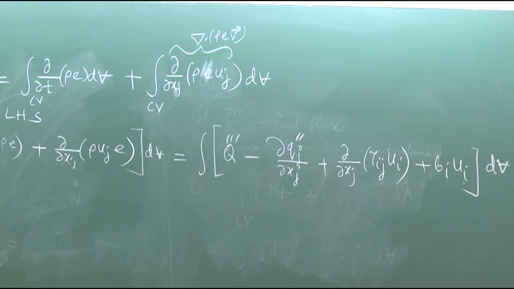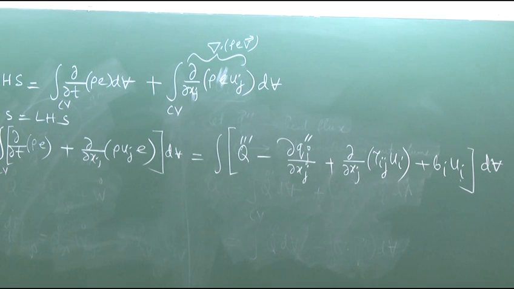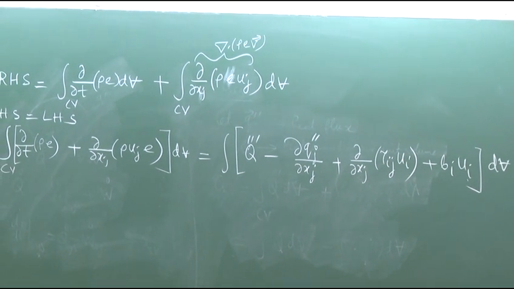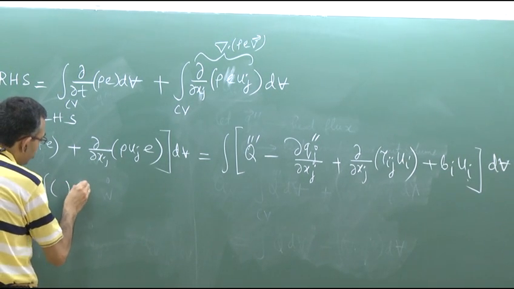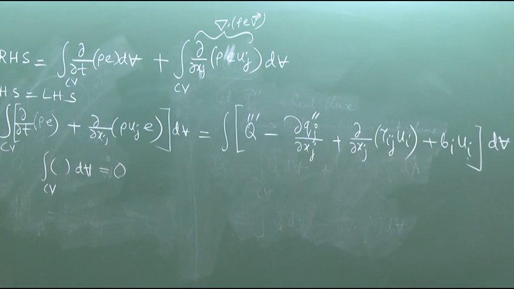Okay. So, all terms expressed as volume integrals. So, this is as good as writing integral of something into dV equal to 0. Since the control volume is arbitrary, this is as good as this something is equal to 0.